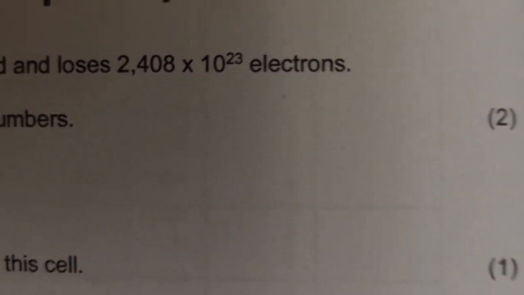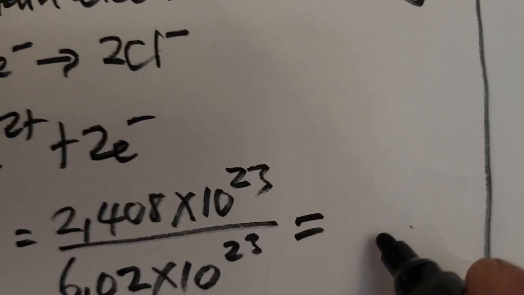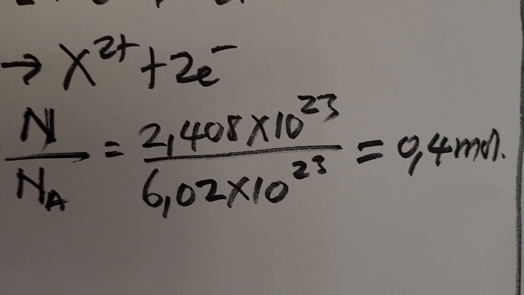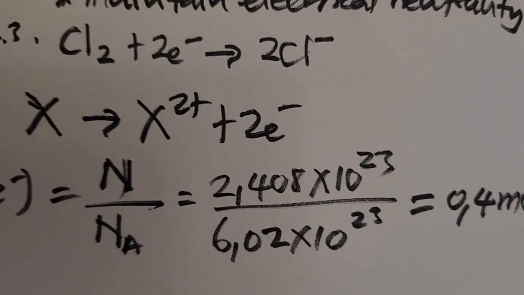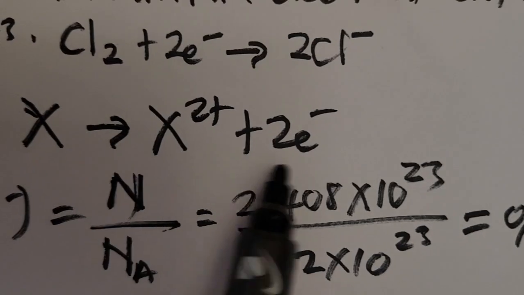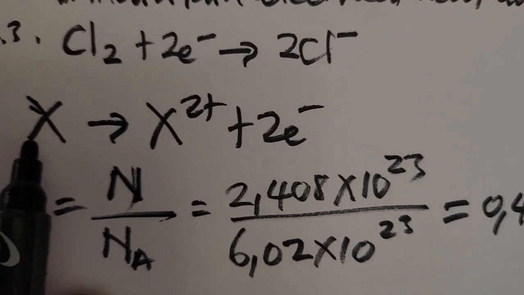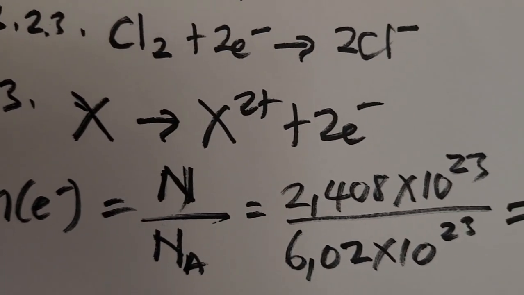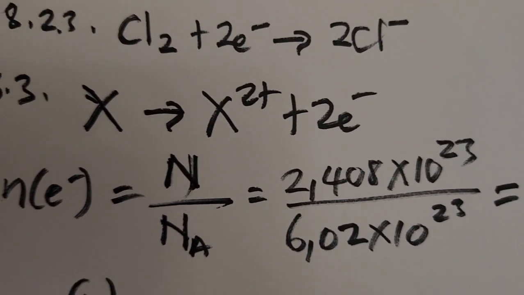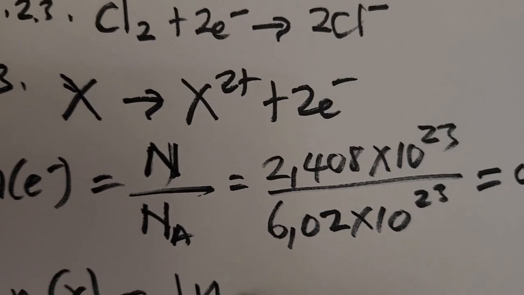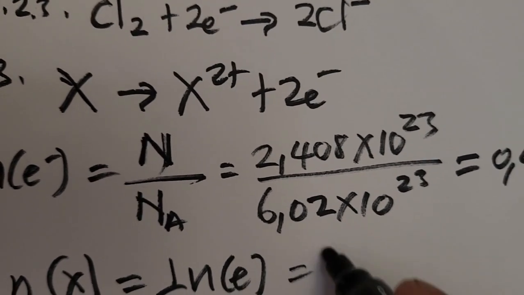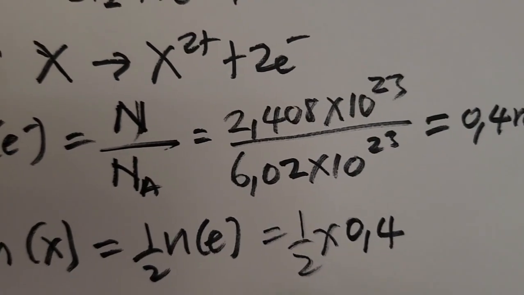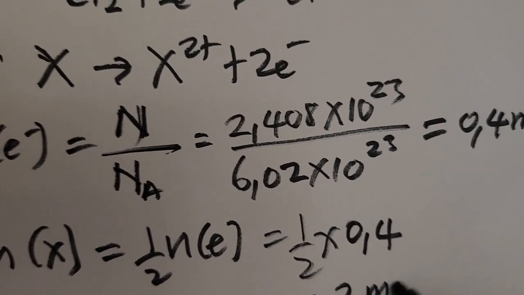Therefore, the answer is 0.4 mole. That is the number of moles of electrons. But now we look at this reaction. The number of moles of electrons to the number of moles of X are in the ratio 2:1. Therefore, number of moles of X will be half of 0.4, which gives us 0.2 mole.